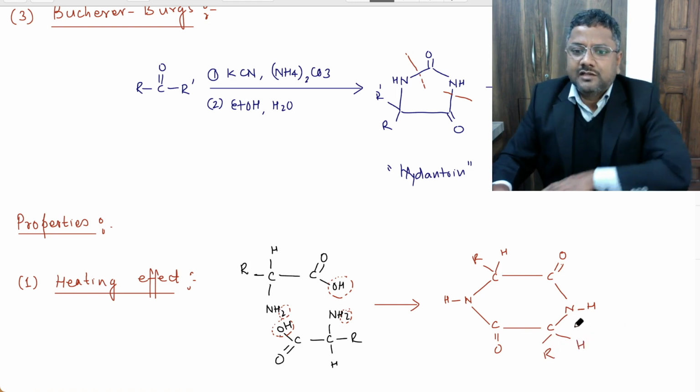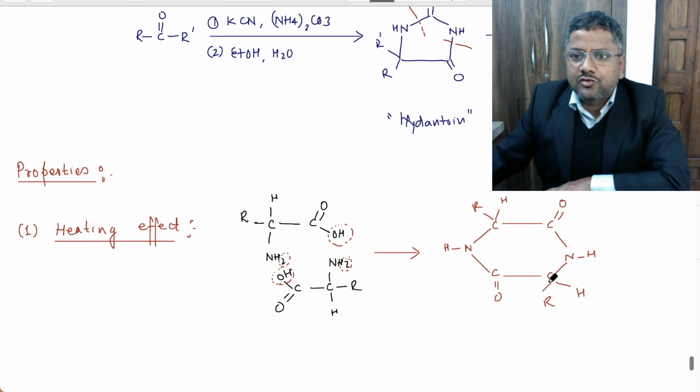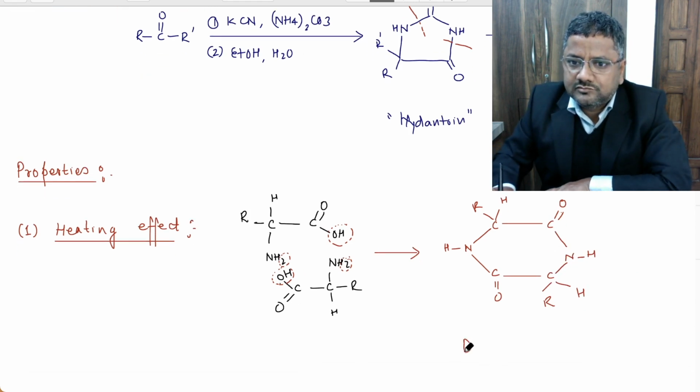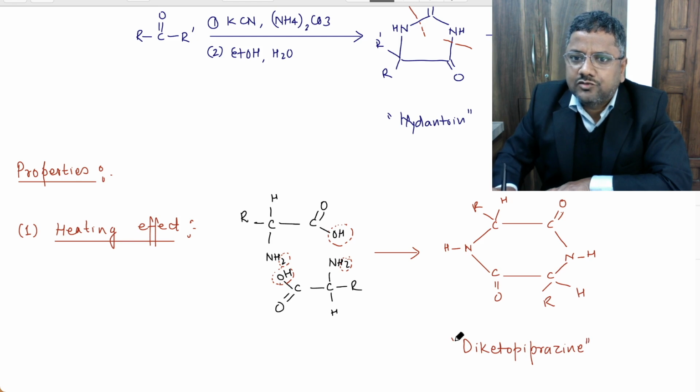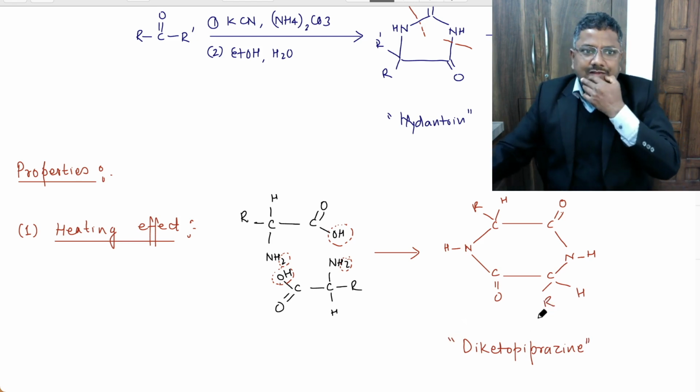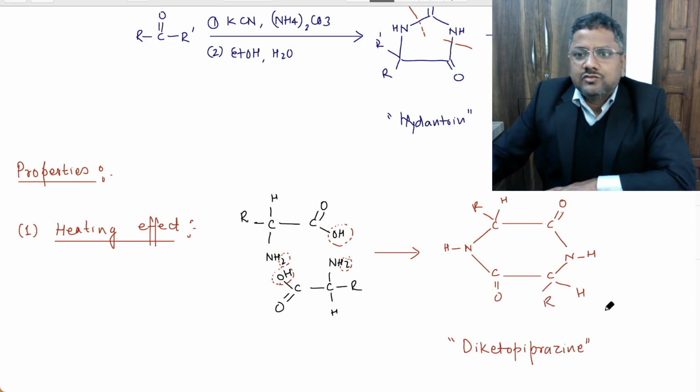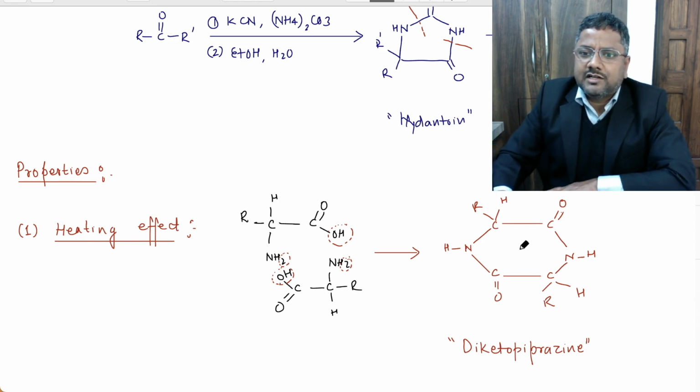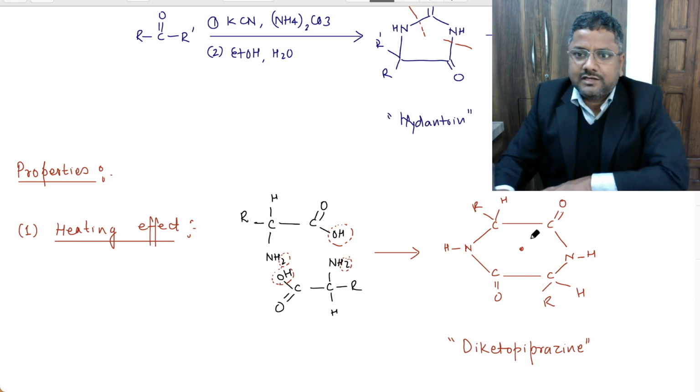Right? This compound is known as diketopiperazine. Okay. So if you see, this is a very symmetrical molecule, and this has the center of symmetry. Opposite groups are equidistant. All this, right? So this is at point of symmetry.